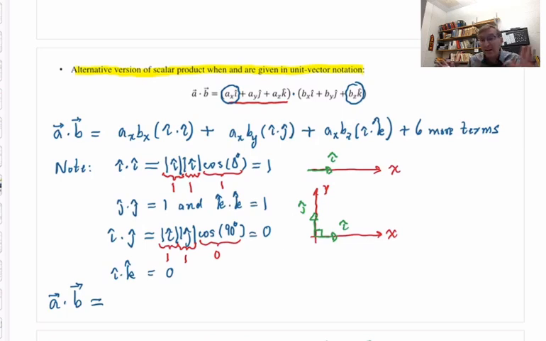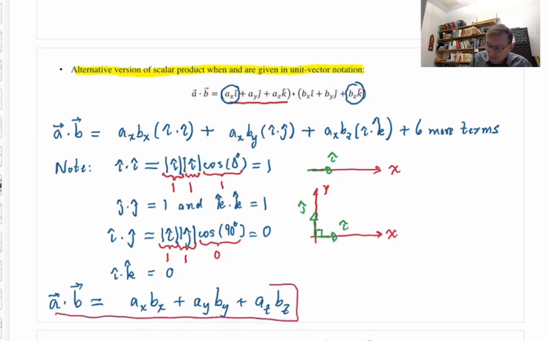There can't be any vectors anywhere in the final answer. And it simplifies to the following pretty basic result. Take ax times bx plus ay times by plus az times bz. This is very useful. Okay?